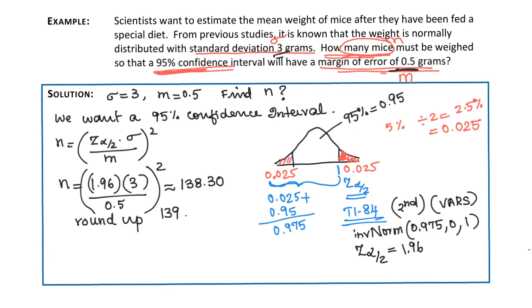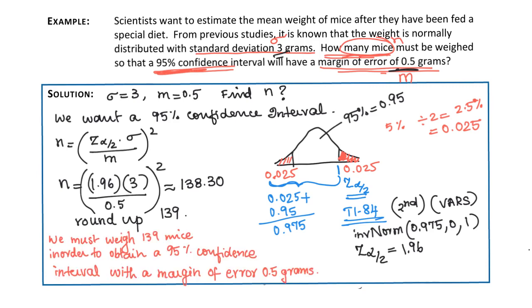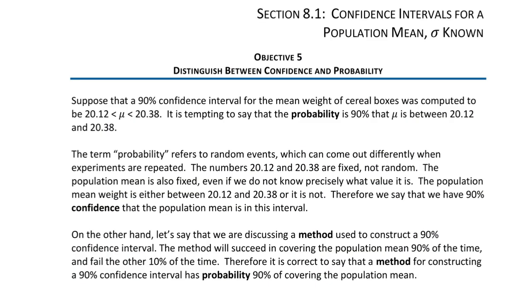So we must weigh 139 mice in order to obtain a 95% confidence interval with a margin of error 0.5 grams. Here we are rounding up because then we can make sure that the margin of error is not greater than 0.5 grams.